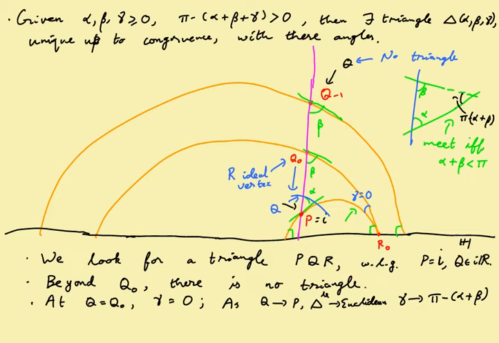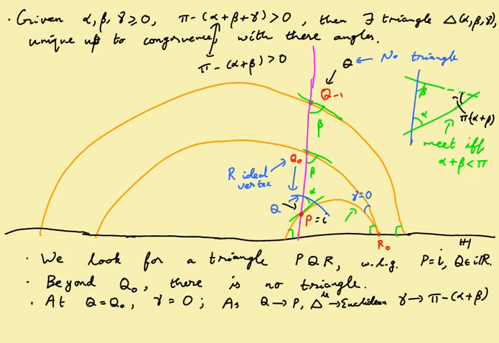So gamma starts off at 0 at Q0, and as you approach here, it hits the Euclidean situation. Incidentally, this can be written as pi minus (alpha plus beta) strictly greater than 0. And then we also have, of course, gamma. So this is supposed to be gamma.